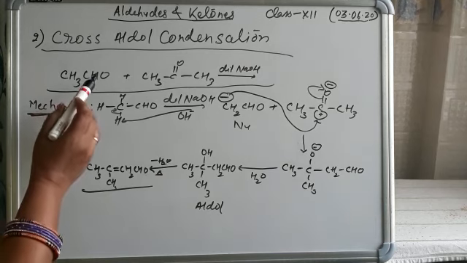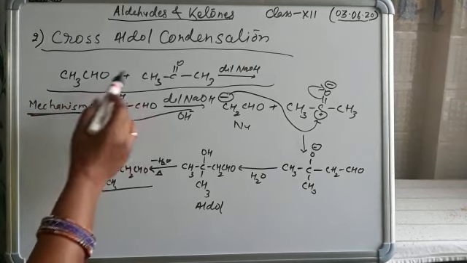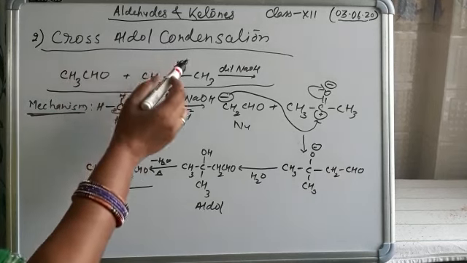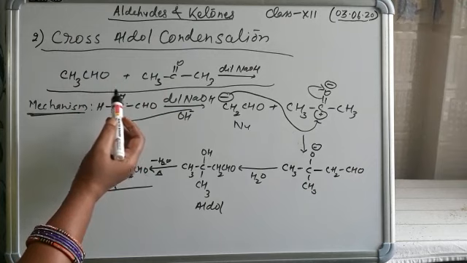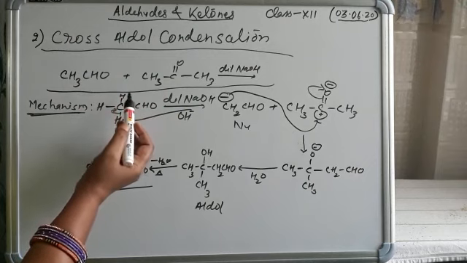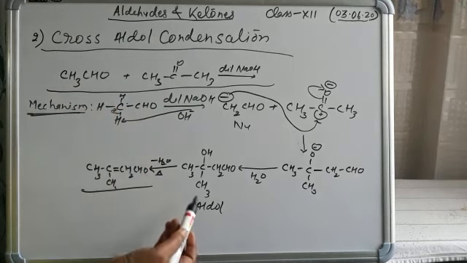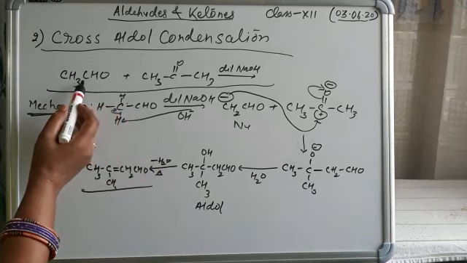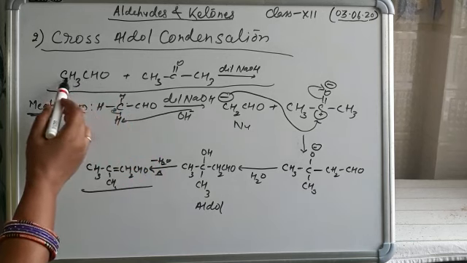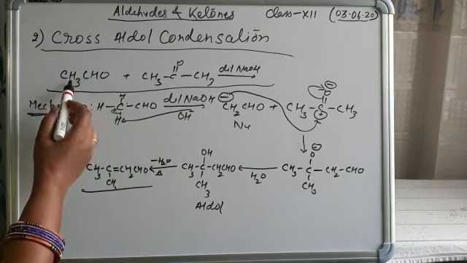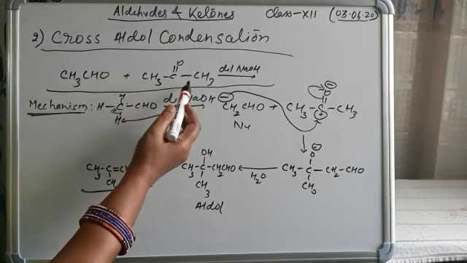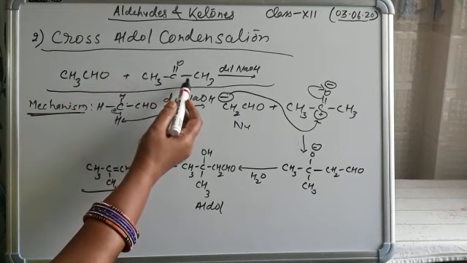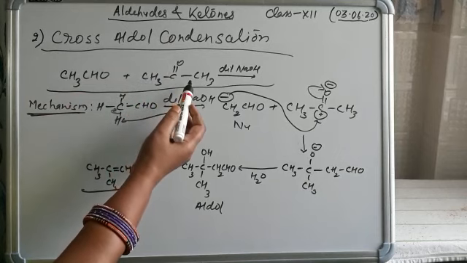Remember here, if two different molecules are taken in the cross aldol condensation, if both of them contain alpha hydrogen, there will be a mixture of aldols formed. How? See here, when ethanal reacts with itself, one product forms. When acetone reacts with itself, it forms one product.